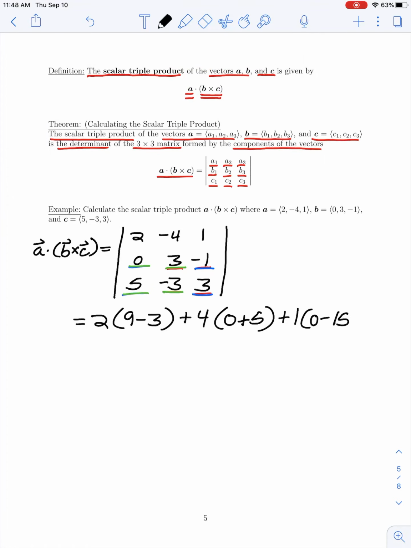So here my 0 minus 15, and let's see what we're left with. We would have 2 times 6, or 12, plus 4 times 5 is 20, and then plus 1 times negative 15 is negative 15. So altogether, I'm left with 17.